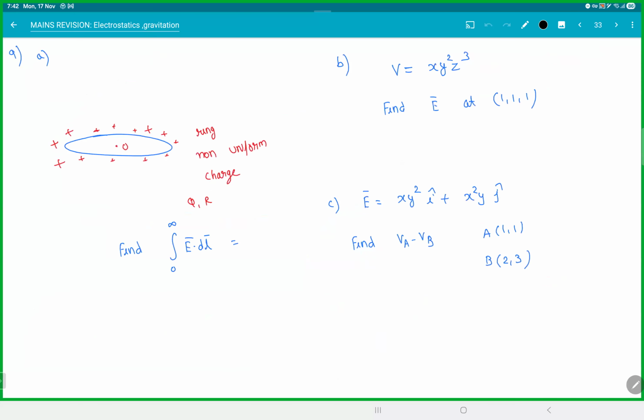Get these things. We have a ring with a non-uniform charge. This was an old PYQ. The total charge is Q and radius R. Find the electric field due to the ring dot dl from the center of the ring to infinity. If potential is x y square z cube, find the electric field at 1, 1, 1. If this is electric field, find VA minus VB.